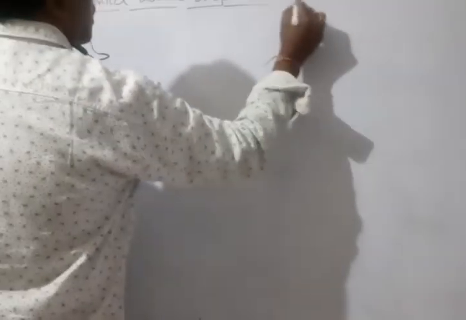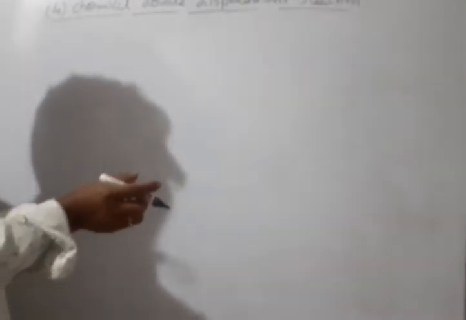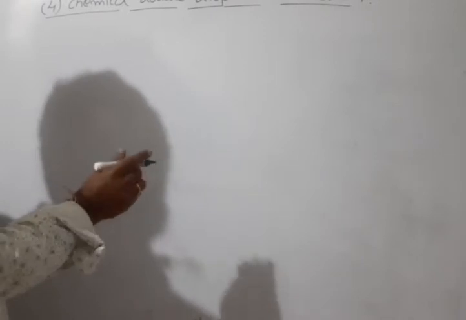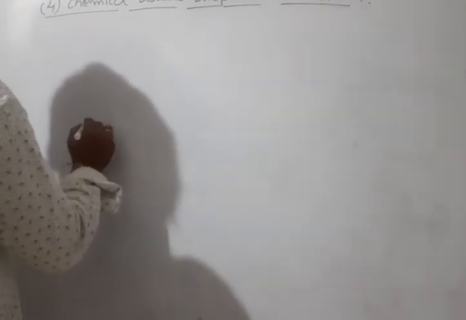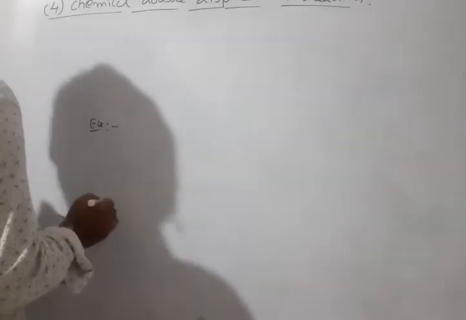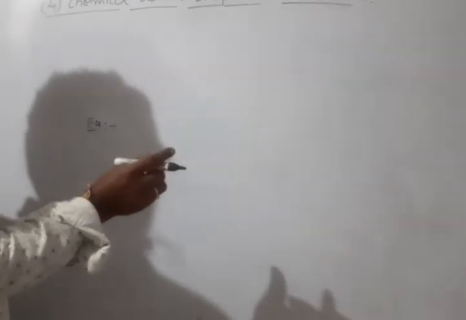It is very easy to know the type of reaction through an example. By taking an example, it is very easy to understand the type of reaction. So that's why for every type of reaction I give examples first. So for this also I give one example.